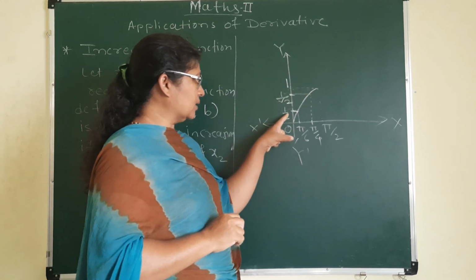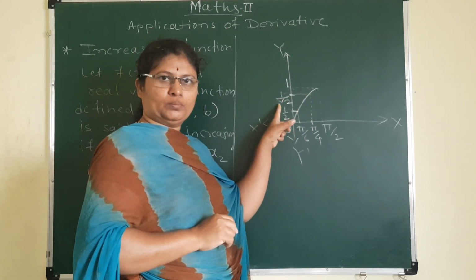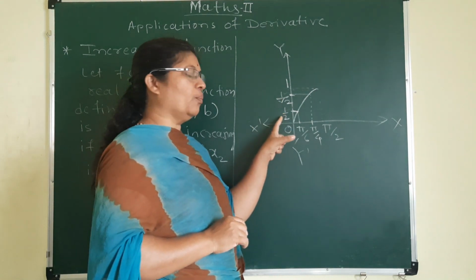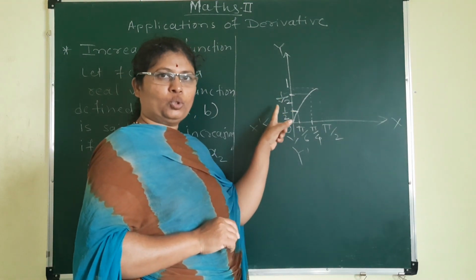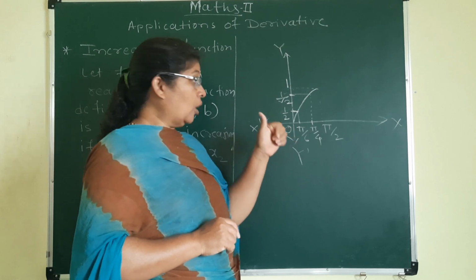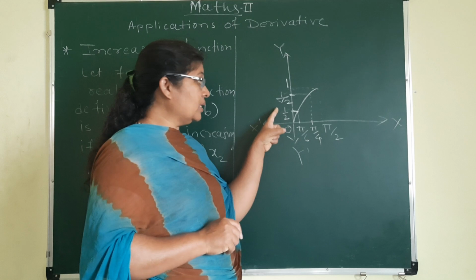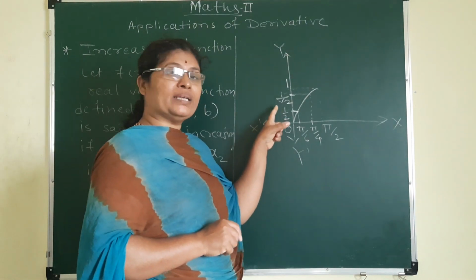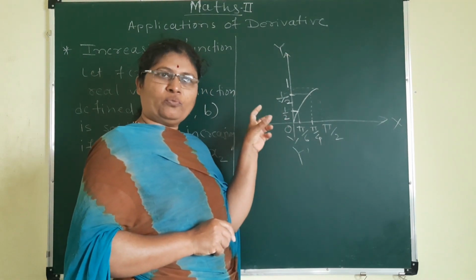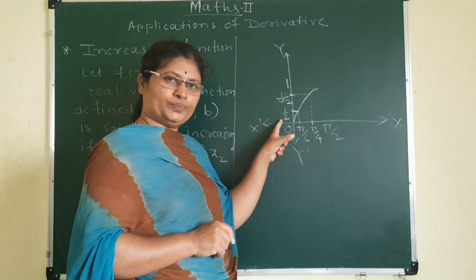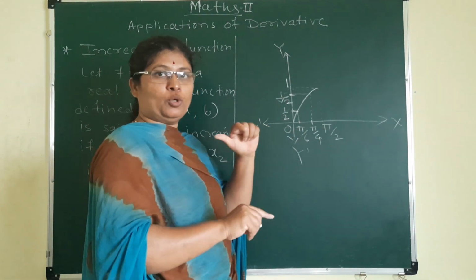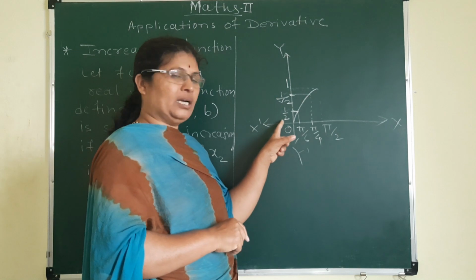Okay, now look at this. 1 upon root 2 is greater than 1 upon 2. How? Look at this. 1 upon 2 means 0.5. Here 1 is divided by 2 and here 1 is divided by square root of 2. Square root of 2 will always be less than 2, and therefore 1 upon square root of 2 is greater than 1 upon 2.